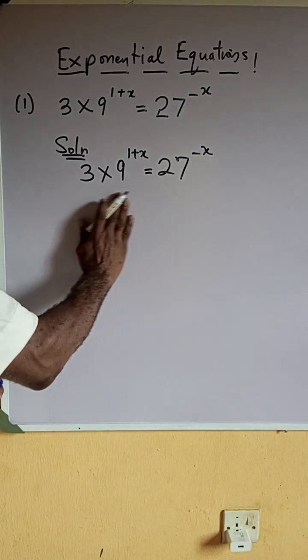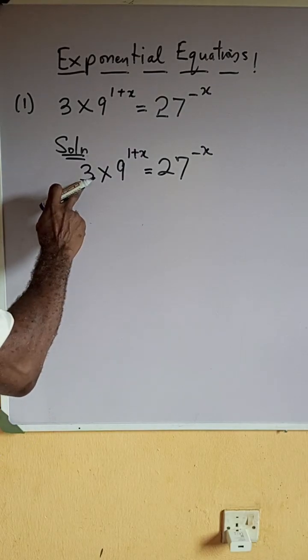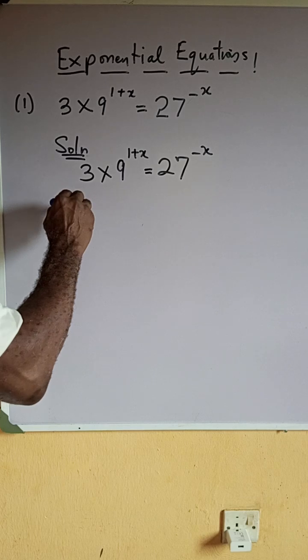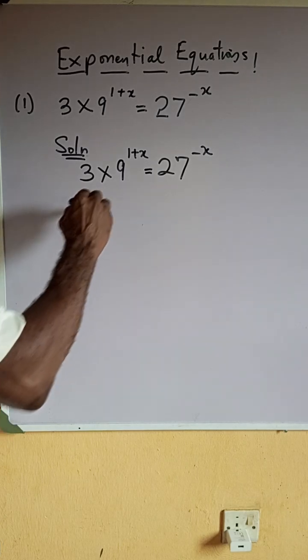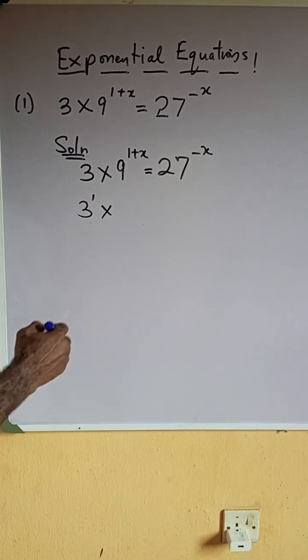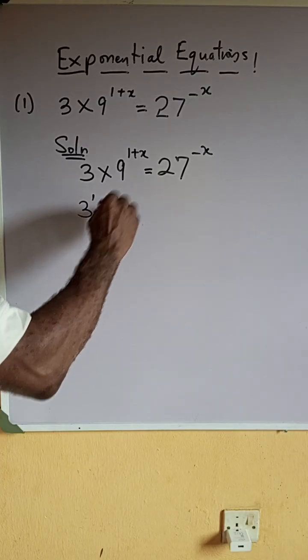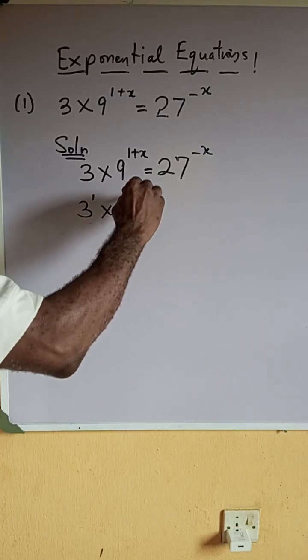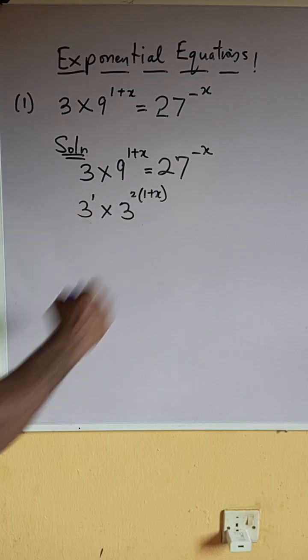Alright? So it means I can rewrite this 3 as 3 raised to the power 1, multiplied by 9, which is 3 raised to the power 2 into 1 plus x.